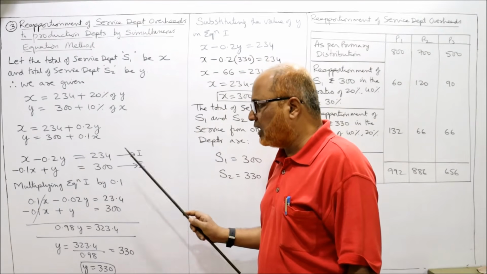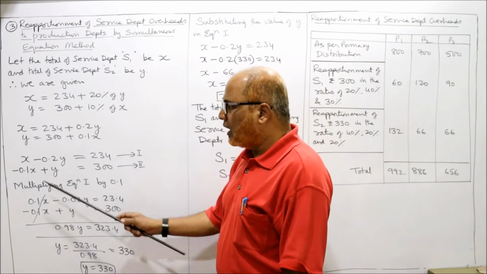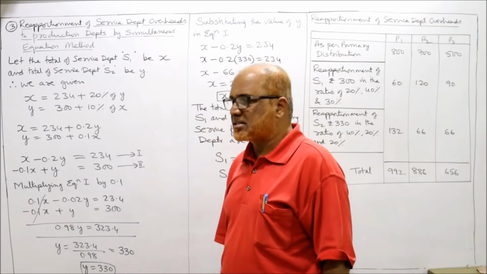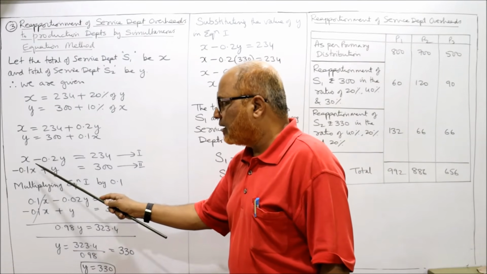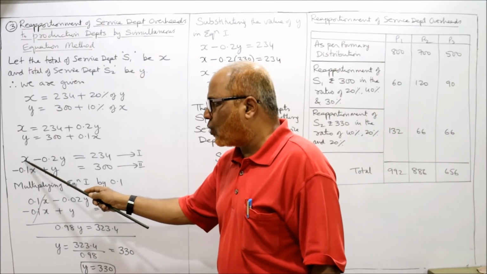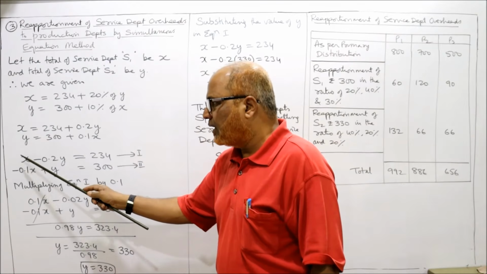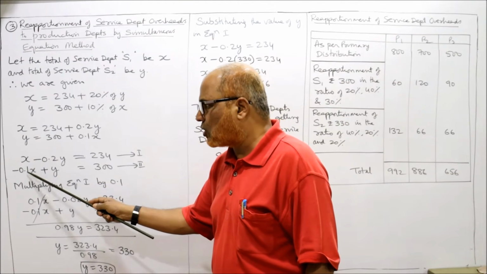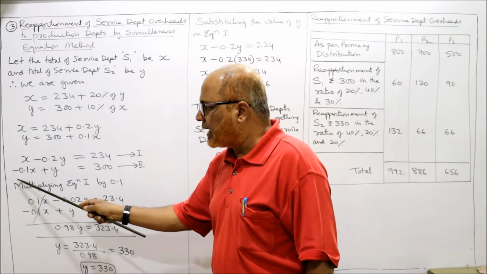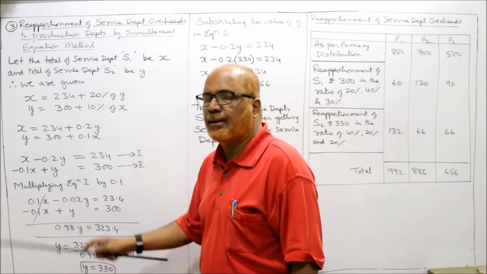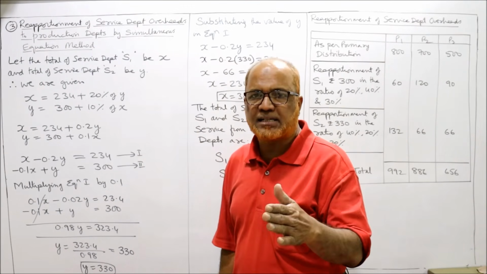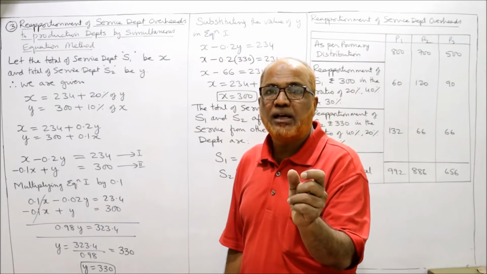Now equation 1, equation 2. Now I want to cancel X. तो X को cancel करने के लिए coefficient of X is 1 here, coefficient of X is 0.1 here. तो दोनों को cancel करने के लिए coefficient should be same. If you want to cancel X, the coefficient should be same.